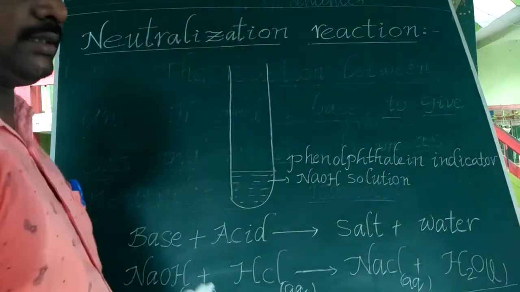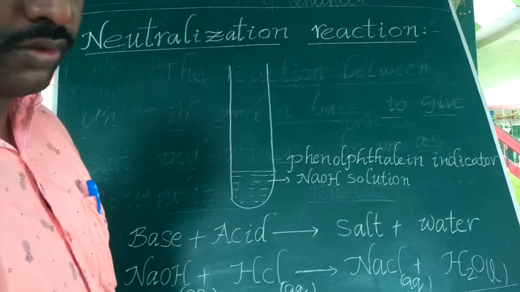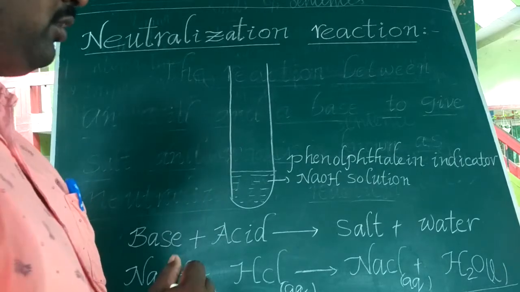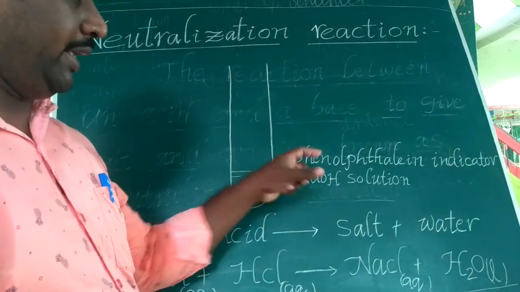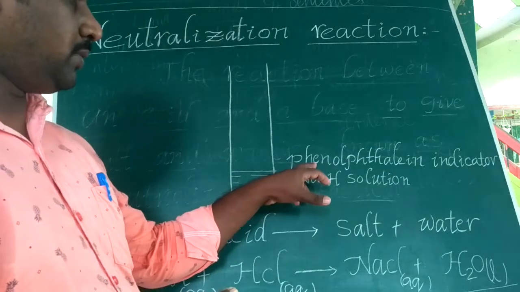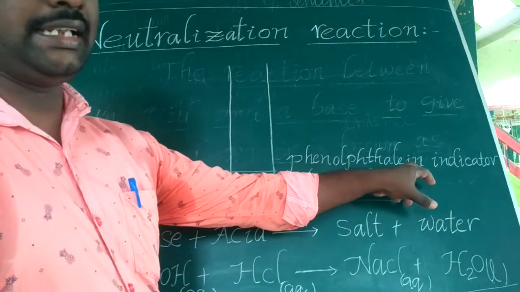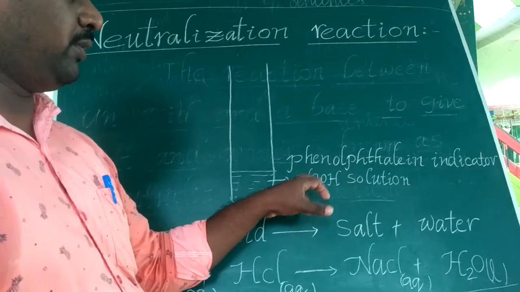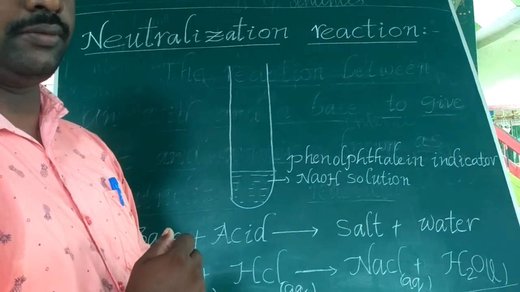What do you observe when adding 1 or 2 drops of phenolphthalein indicator to sodium hydroxide solution?